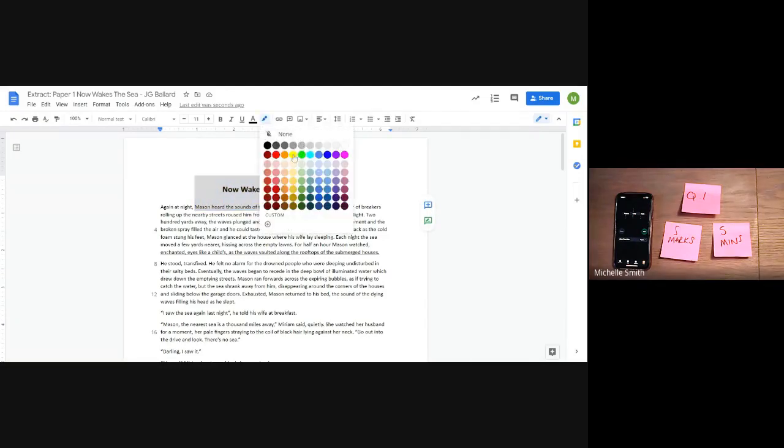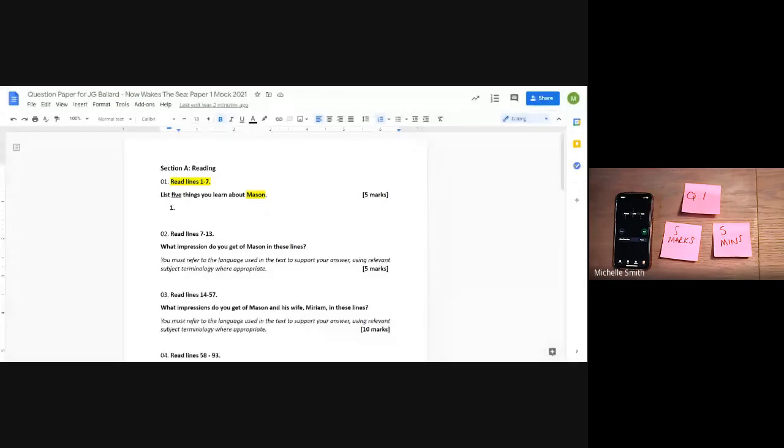So I'm going to highlight that first line because that is going to be one of my 5 things. I might come back to that again at night for one of my other 5 things. So I go to the question, and for number 1, I'm going to put Mason heard sounds of the approaching sea.